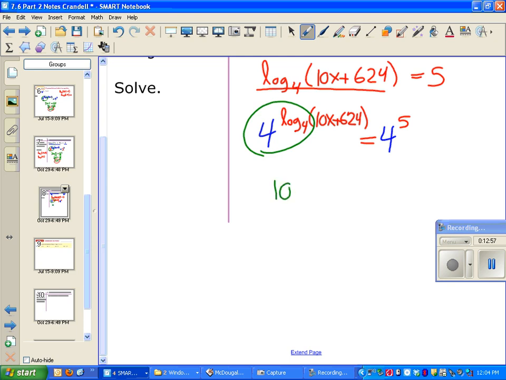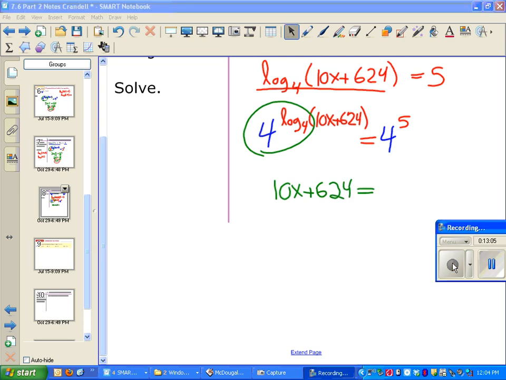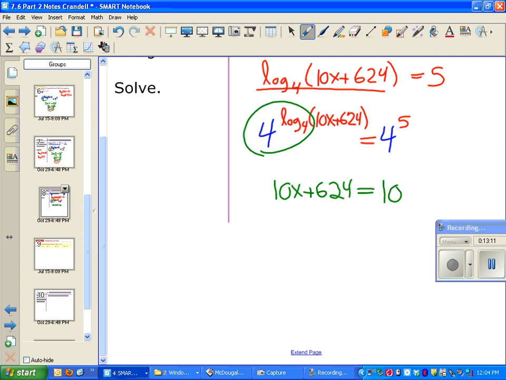All right, so now we have 10x plus 624 is equal to some crazy power. So 4 to the 5th is going to be 1024. And a good question would be, is this 4 to the 5th going to be on our test? And it's not, okay?